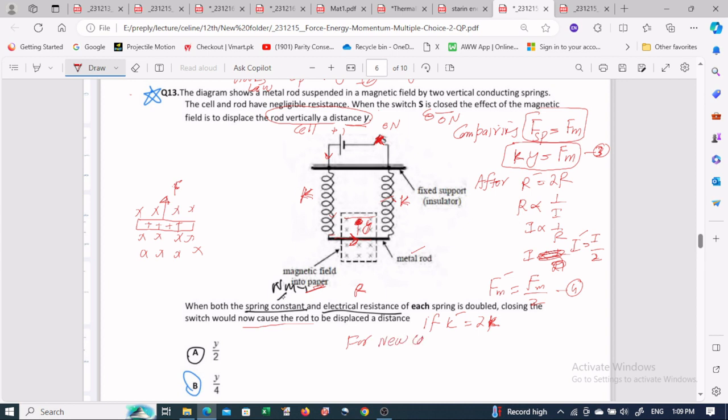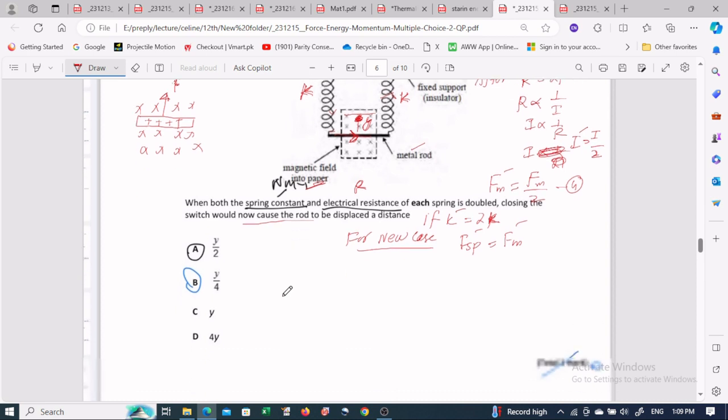For the new case, after changing the resistance to double and the spring constant to double, our new formula will be F spring dash is equal to F magnetic dash. Dash is the value after the changing. So F spring is K dash y dash, which is equal to F magnetic dash.